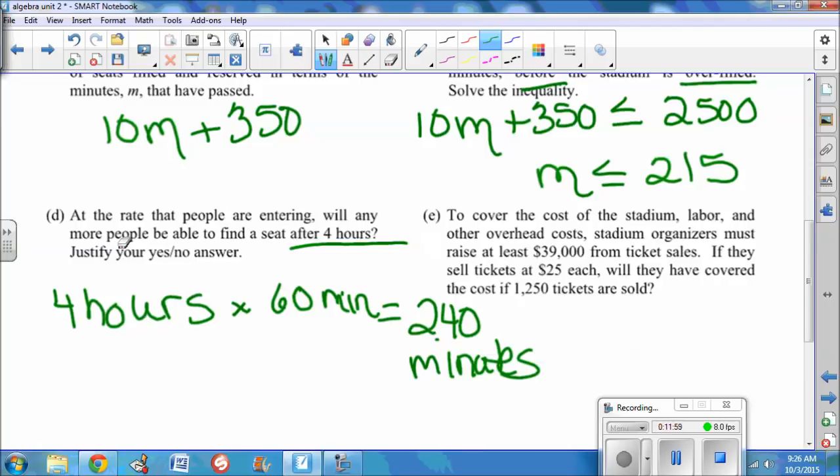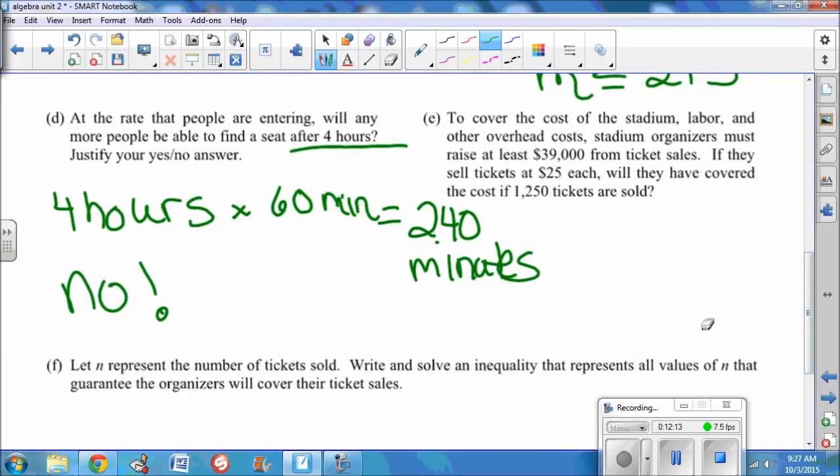So let's go back to our question. Will any more people be able to find a seat after 4 hours? No. Okay, because at 215 minutes, the stadium's going to be filled. And the next part says, to cover the cost of the stadium, labor, and other overhead costs, stadium organizers must raise at least $39,000 from ticket sales.